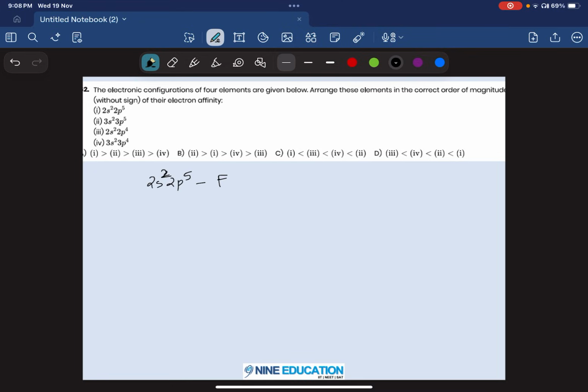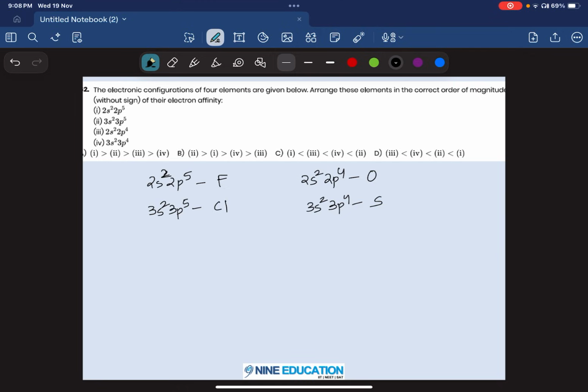It is fluorine. Then 3s2 3p5 is the element just below fluorine, which would be chlorine. Then 2s2 2p4. It is nothing but 6 electrons in the valence shell. 16th group, second period, it would be oxygen. 3s2 3p4. It's sulfur, the element just below oxygen.